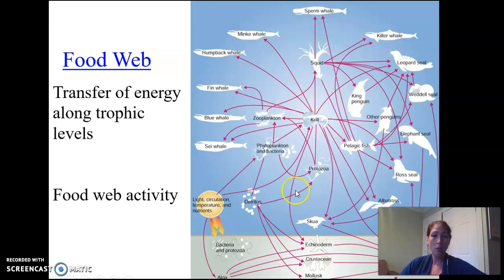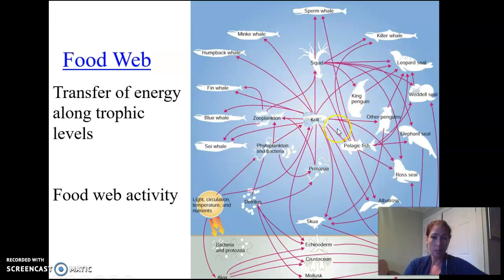Now, if you were to just take one food chain out of this food web, you might take light to phytoplankton, to krill, to squid, to a sperm whale. And that doesn't really show the importance that krill plays in this entire food web. So when you take this krill out, this entire food web could collapse. Now what we'll see later on is that could be something that we refer to as a keystone species, somebody who has a really key role in the functioning of that ecosystem.